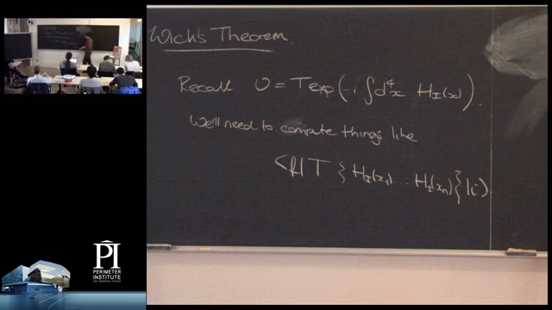So we got some flavor yesterday for how we go about computing this. What you typically do is each of these interaction Hamiltonians contains some fields. So you expand those fields in the mode expansion in terms of creation and annihilation operators. And then you hope that a bunch of these terms are going to vanish because the annihilation operators are going to come over here and kill this state.